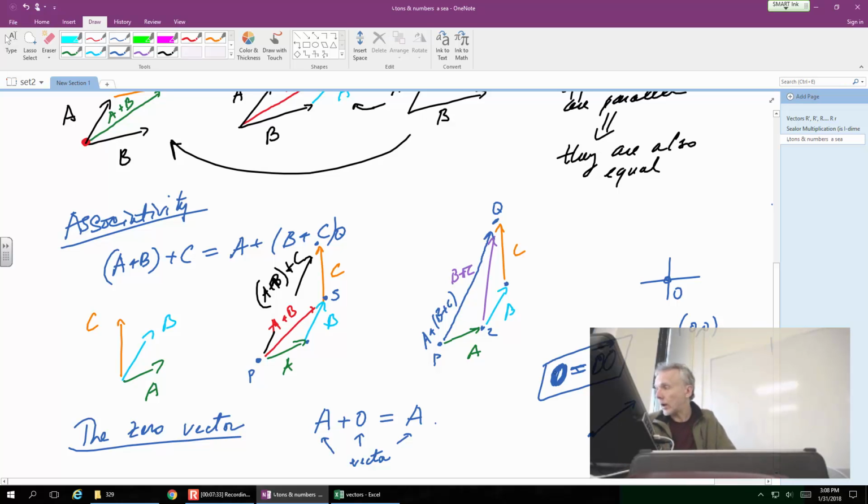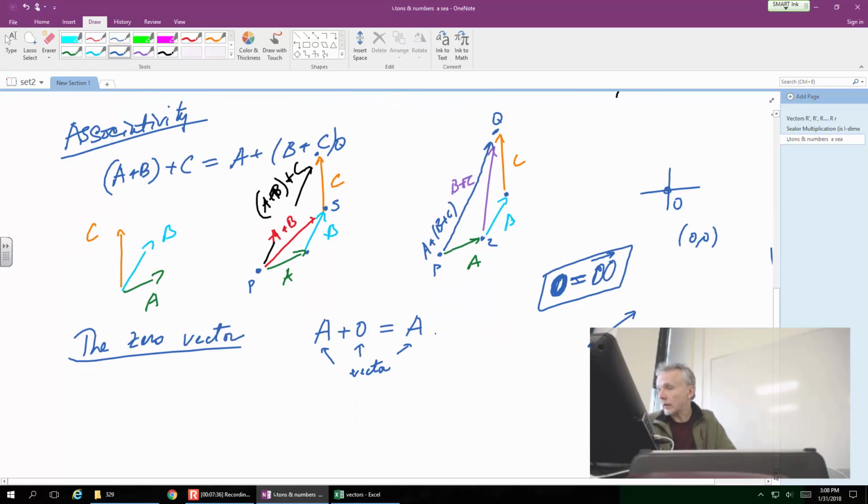Okay, so that's fairly transparent, and there is another property. I don't think there's a good name for it, but let's say the inverse.